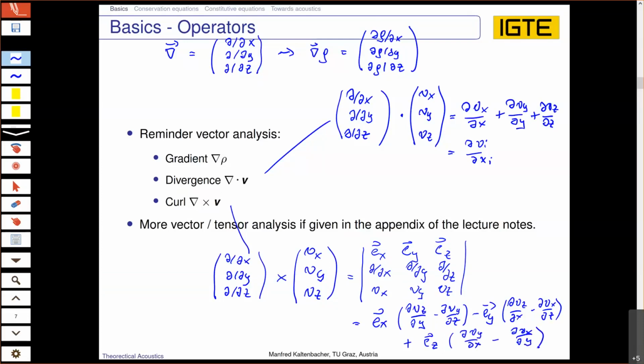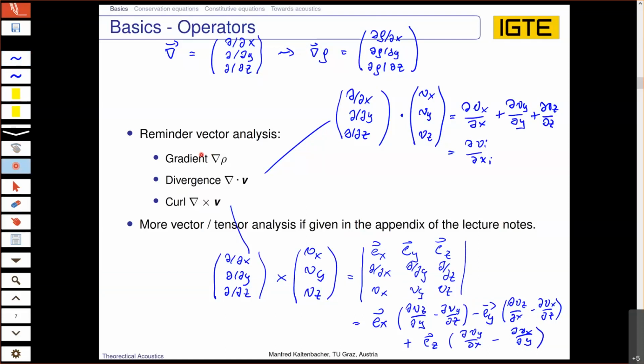Let's see how we compute a gradient of a scalar, a divergence of a vector, and the curl of a vector. But we also have a lot of physical interpretation. I already told you for the gradient: when we take the gradient of a scalar, then we know in which direction we have the maximal increase of this scalar.